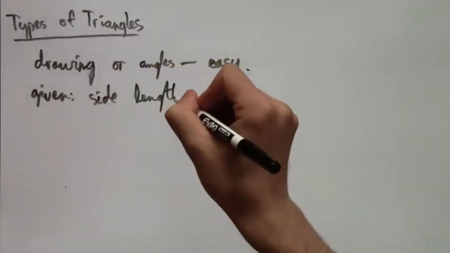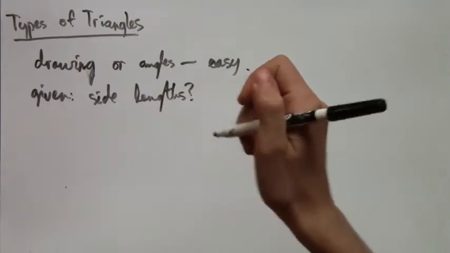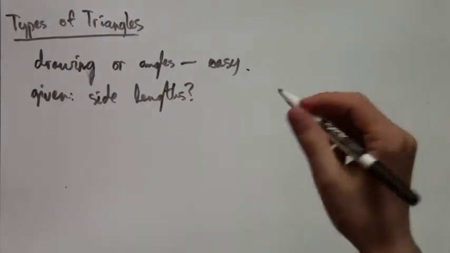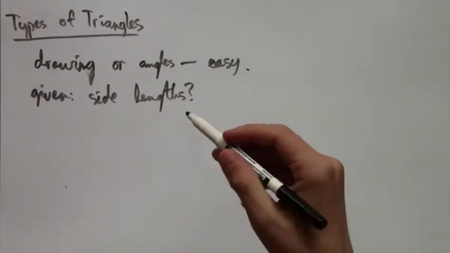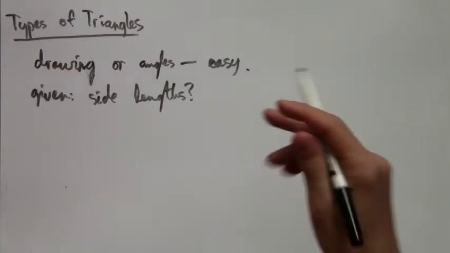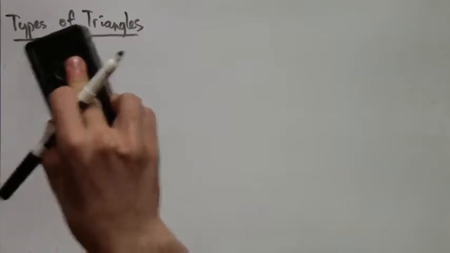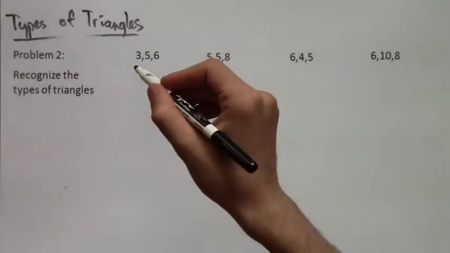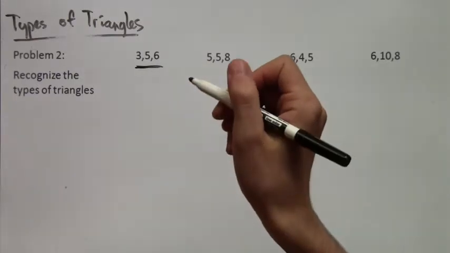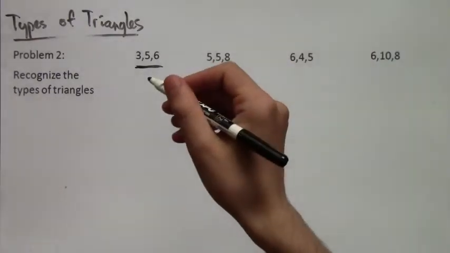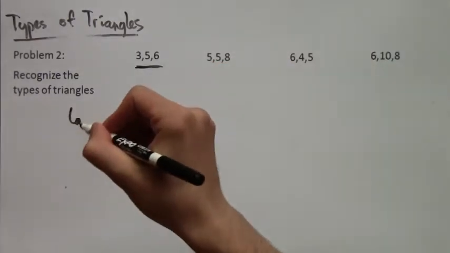But now we have the following problem. What if you just get side lengths? For example, let's say I give you a triangle and I don't draw it for you, I just tell you that it's got side lengths 3, 5, and 6. We're going to do a few examples, and I'll teach you along the way how to do this. You have to follow the following recipe.